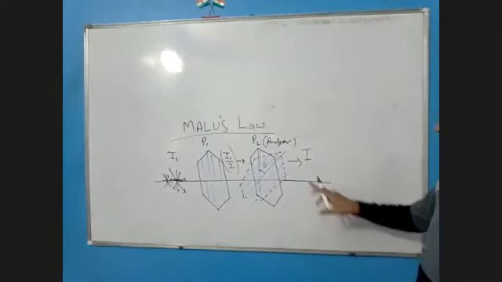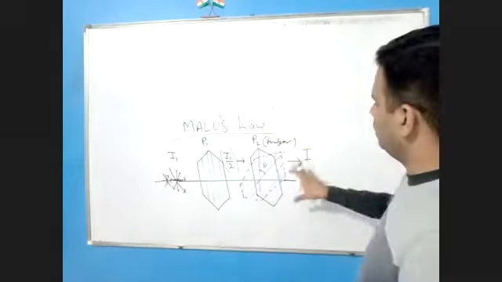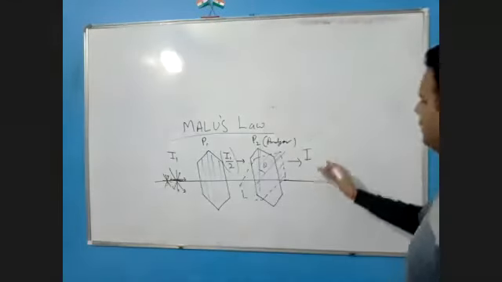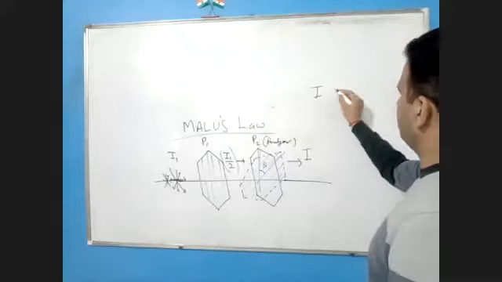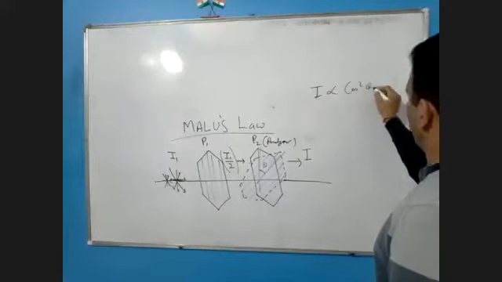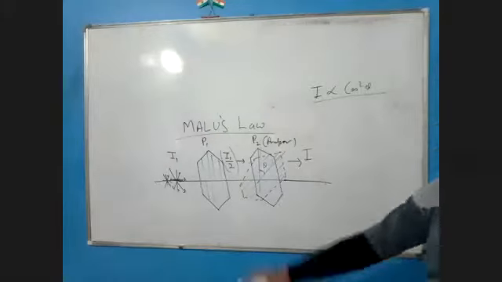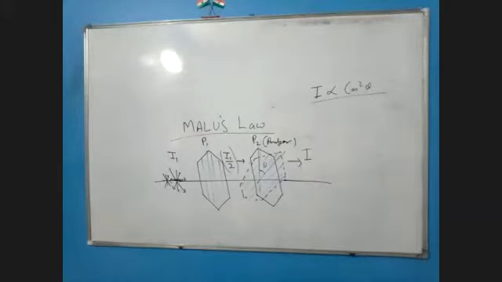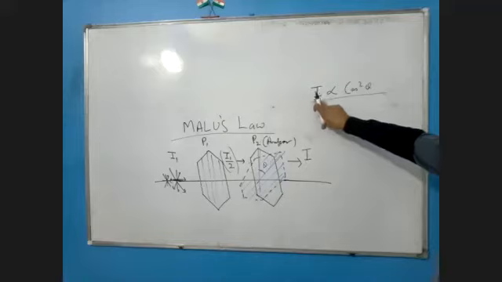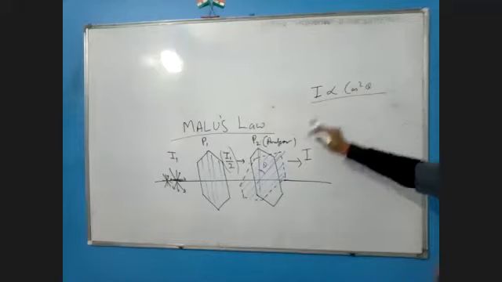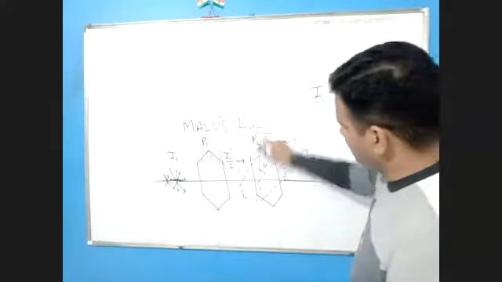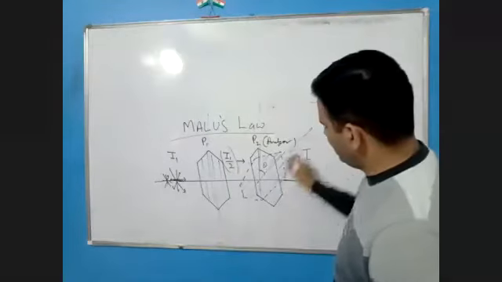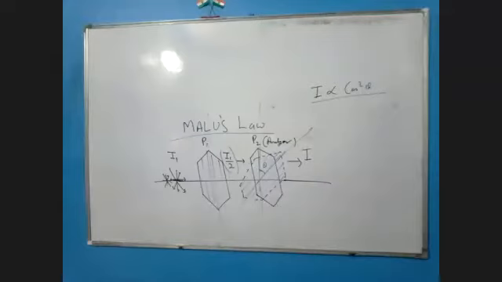Yes class, it is given as I proportional to cos square theta, where I is the outcome and theta is the angle between the optic axis of the polarizer and the analyzer.